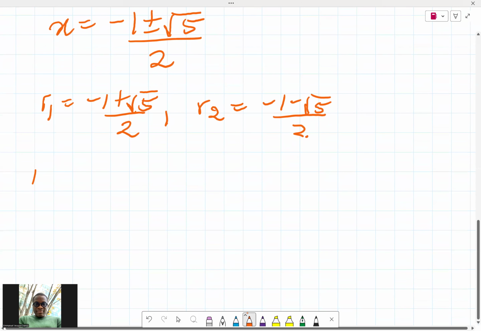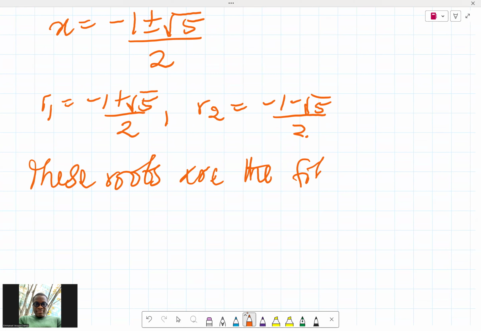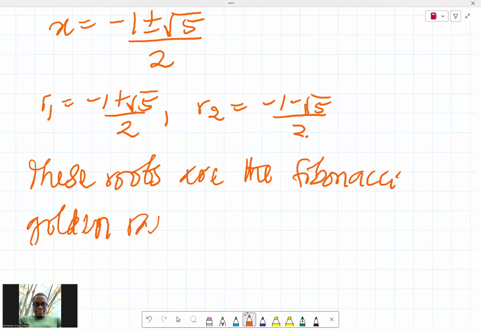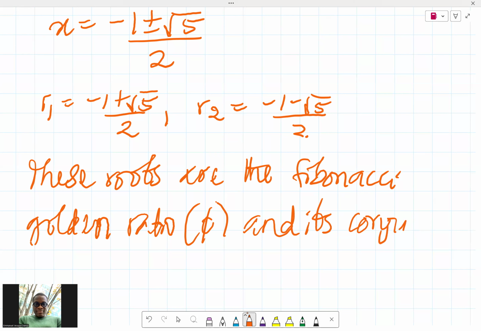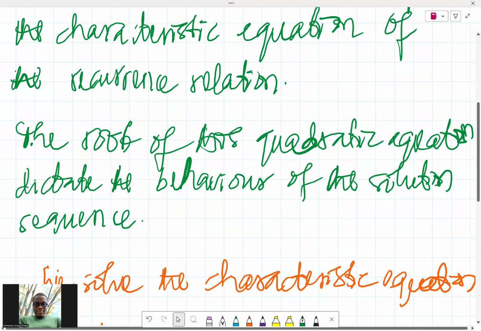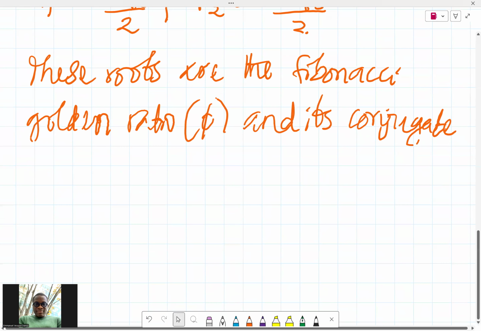You see that these roots are the Fibonacci golden ratio, which you can call phi, and its conjugate. So we have seen a Fibonacci pattern here, which automatically tells us it has something to do with the Fibonacci sequence.